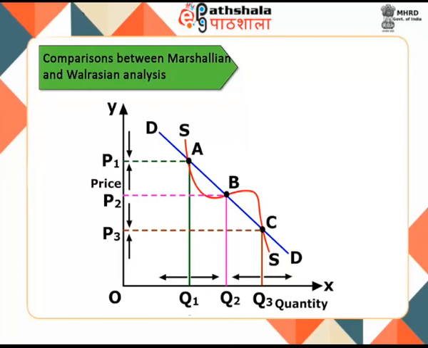So, above OQ3 quantity will increase, between Q2 and Q3 it will fall, then again rise between OQ1 and OQ2, and will fall below Q1.